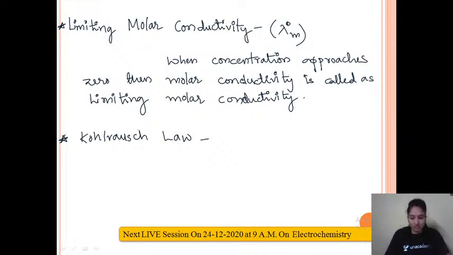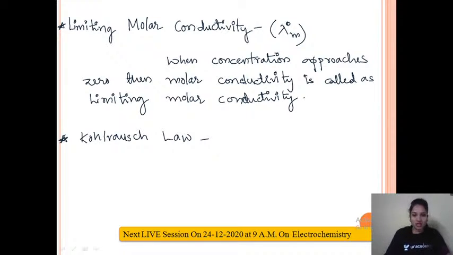Now, what does this law state? This law states that the limiting molar conductivity of any particular electrolyte can be represented as the sum of the individual molar conductivities of the cation and the anion in the electrolyte.